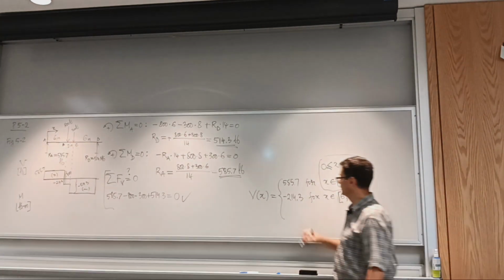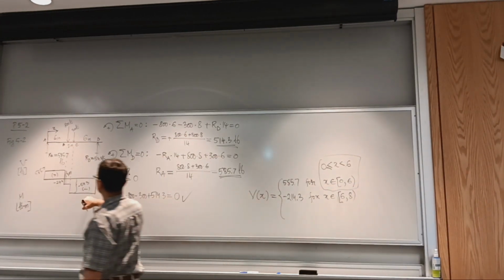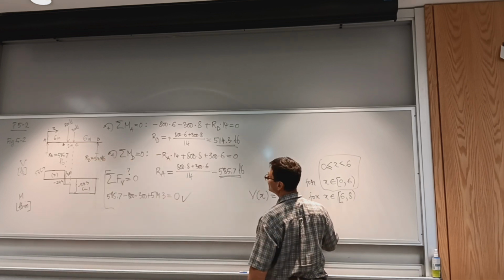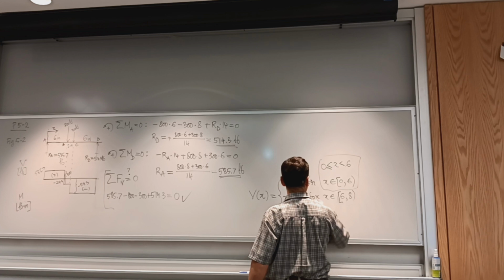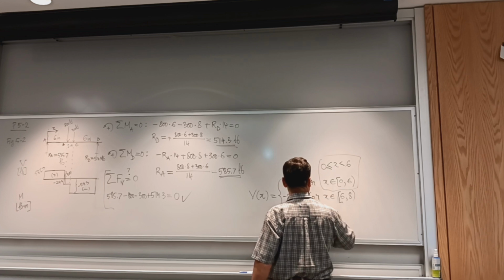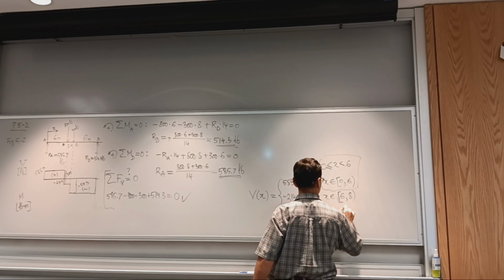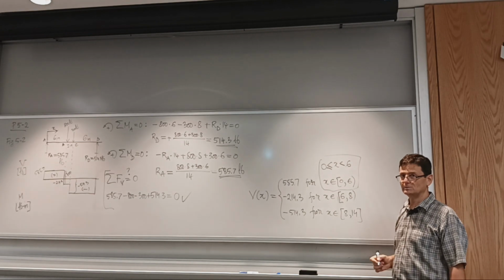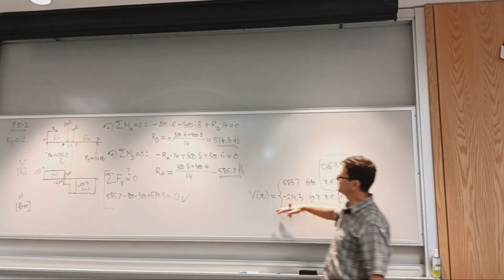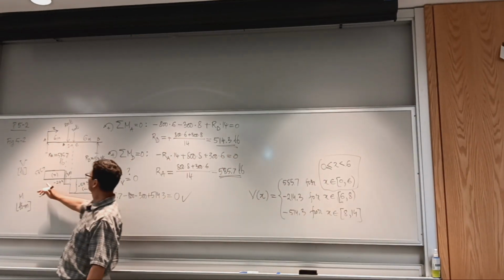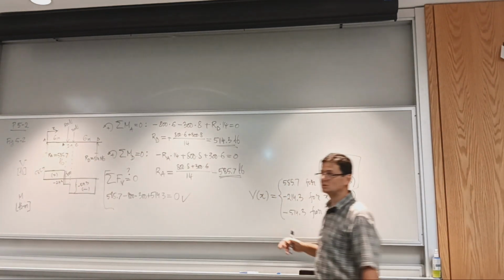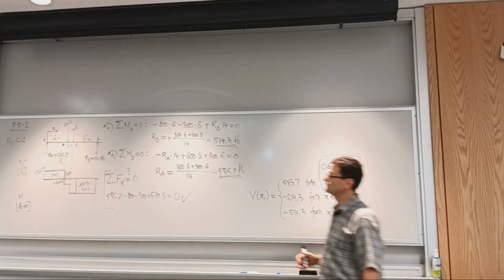And the last section is going to be negative 514.3 again for x belonging to 8 to 14. Does it make sense? So this is a mathematical form for this curve that you saw there. It is one piecewise continuous function, with constant values.